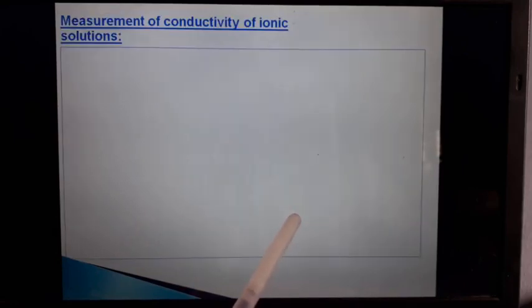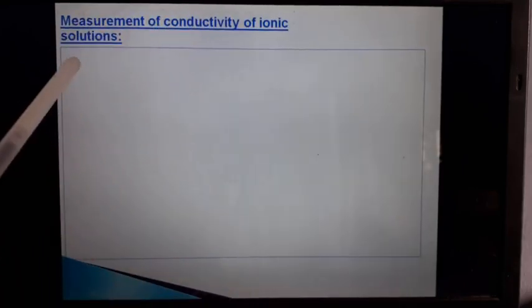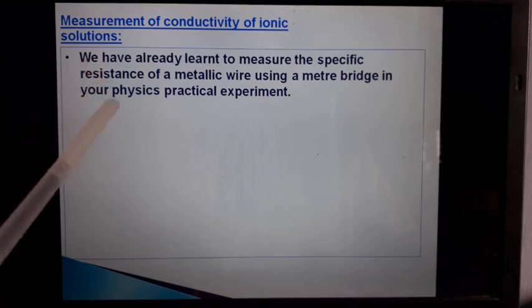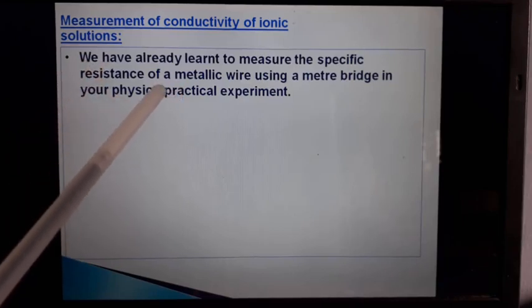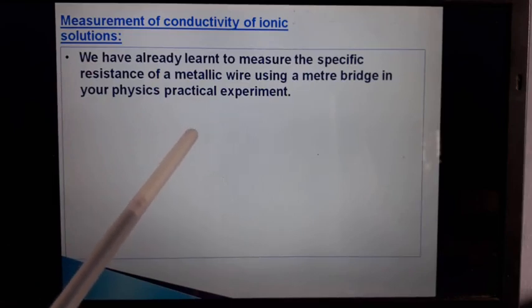So next, measurement of the conductivity of ionic solutions. What are the methods of measuring the conductivity of an ionic solution? We have already learned to measure the specific resistance of a metallic wire using a meter bridge in the physics practical experiment.